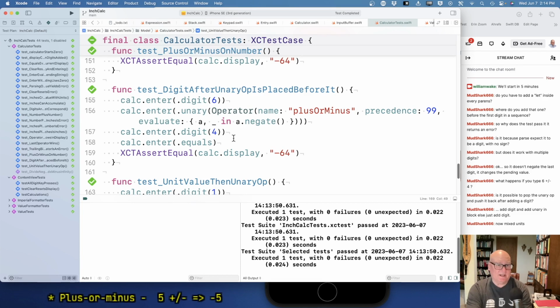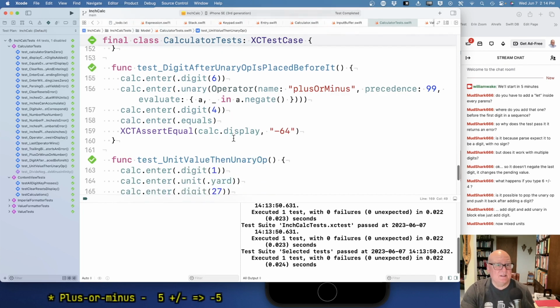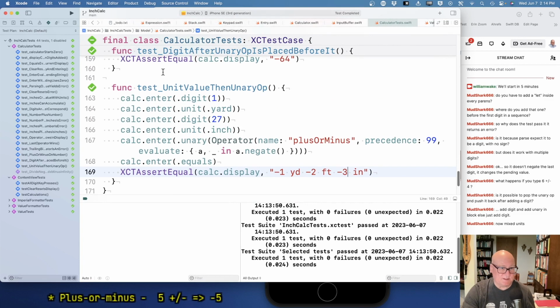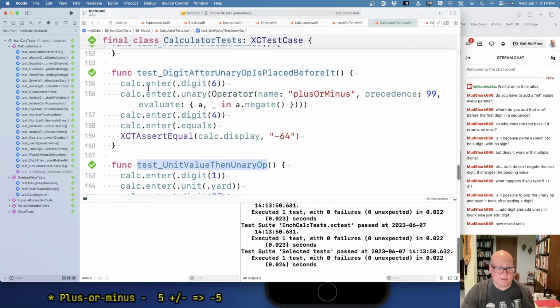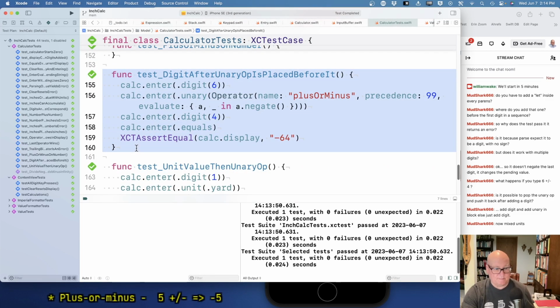And if they type 1 after that or inch after that, it really should, kind of by the same argument, slide over for that too. So let's make that one happen. I think it's closer to this.